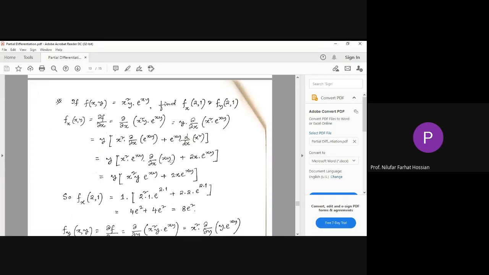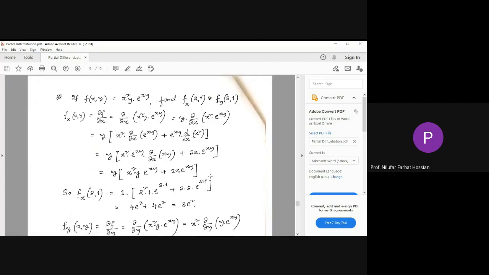Del x of xy, and here d dx of x squared is 2x, so 2x into e to the power xy. And what will be the derivative of xy? This y should be treated as a constant. So it should be y into d dx of x. That means just 1. So it will be y into what? X squared into y. Yes, x squared into y. This y is coming here. X squared into y into e to the power xy. And here 2x into e to the power xy.